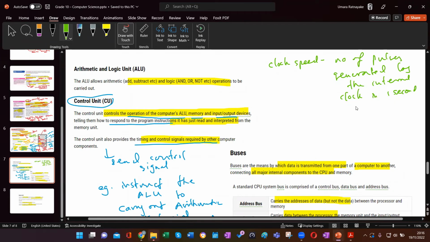And this is what is popularly written as gigahertz, like 2.6 gigahertz. If it is 2.6 gigahertz, that means this clock will generate 2.6 billion pulses in 1 second.